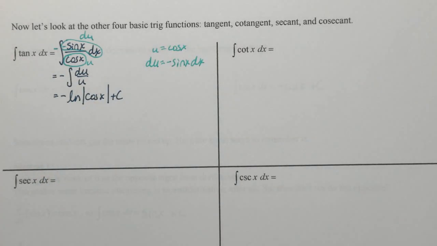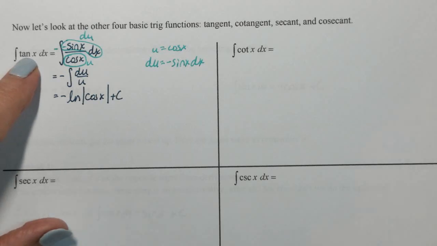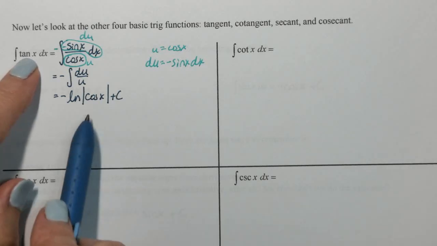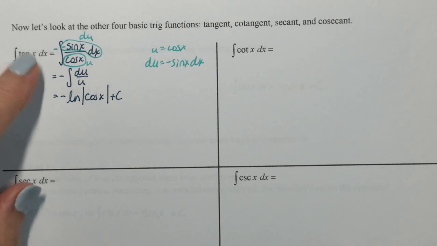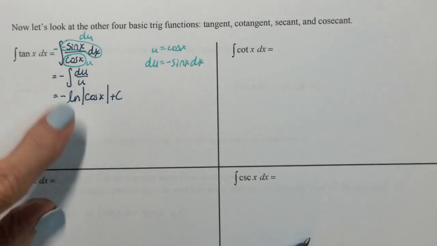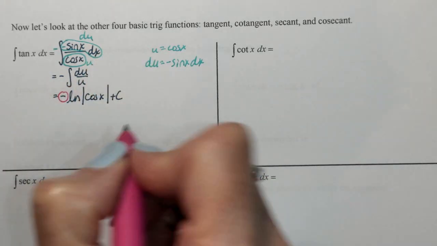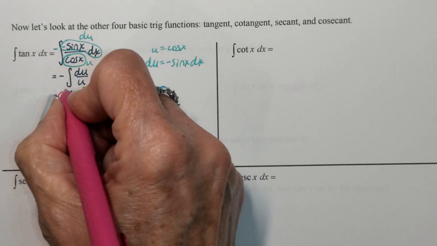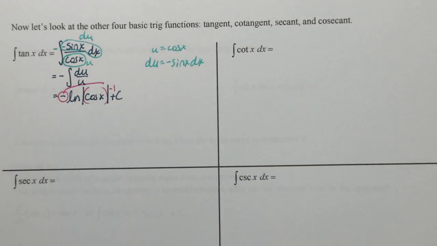However, we're not happy. I'm not happy because I know tangent isn't happy. Tangent likes secant, right? Did we get a secant? No, we did not. That's not good, because tangent really likes secant. How can we force cosine to be a secant? What can we do with this log? I can bring the negative coefficient and make it the power on the cosine, right?